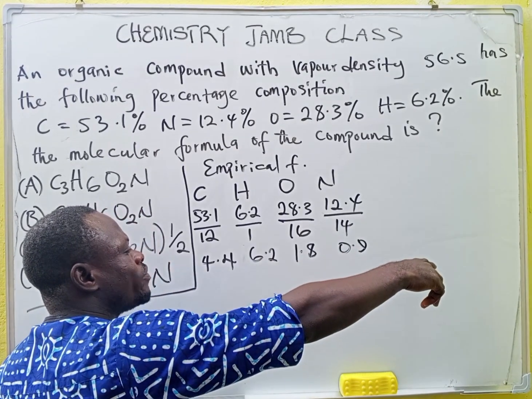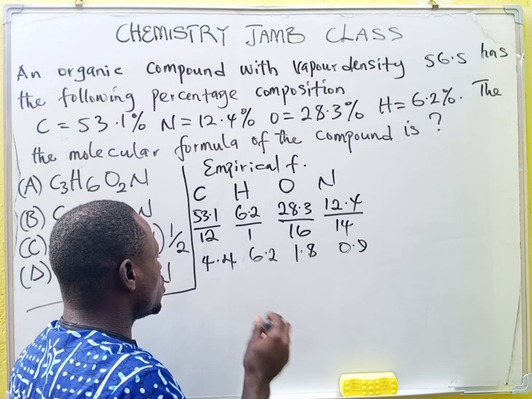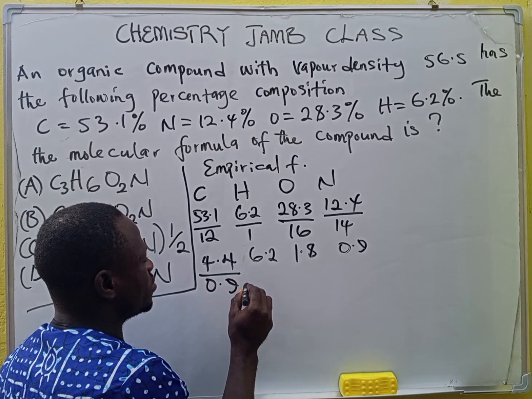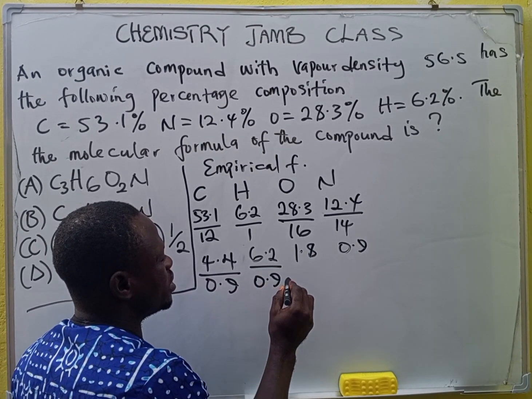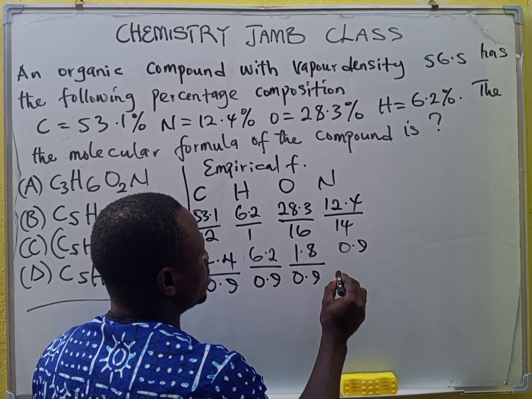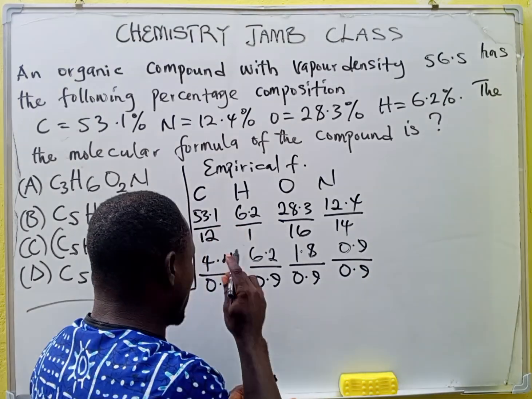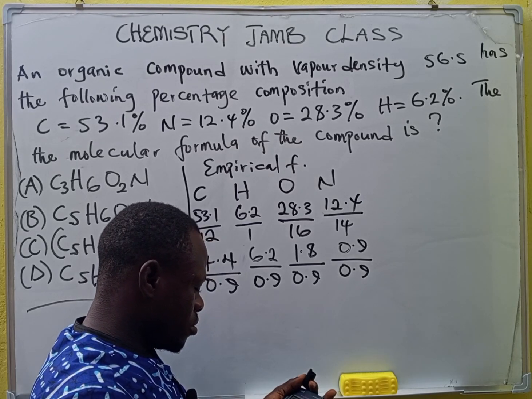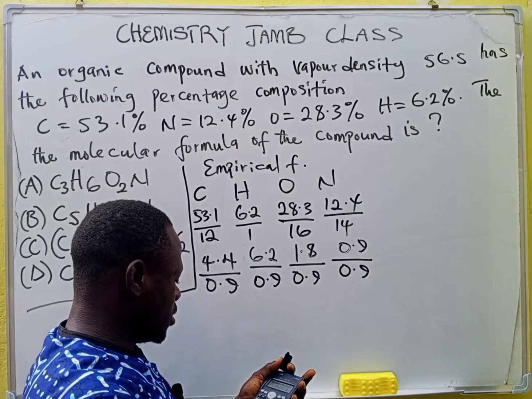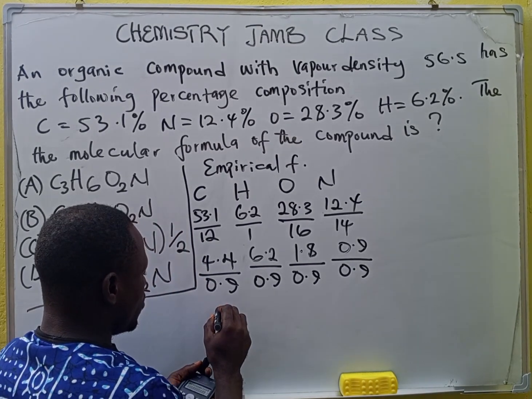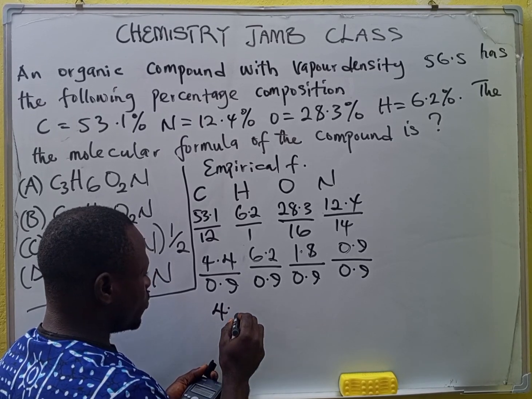So you are going to divide all through by the smallest, 0.9. If you divide 4.4 by 0.9, we have 4.8.